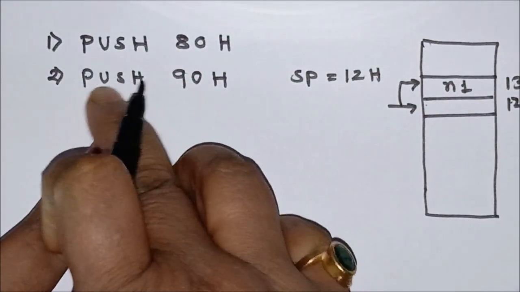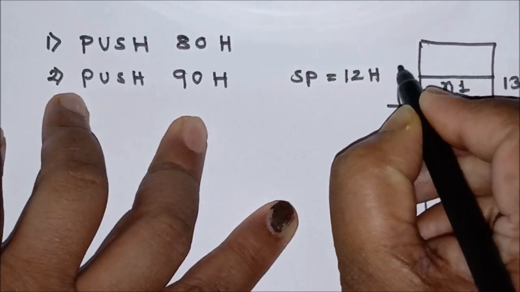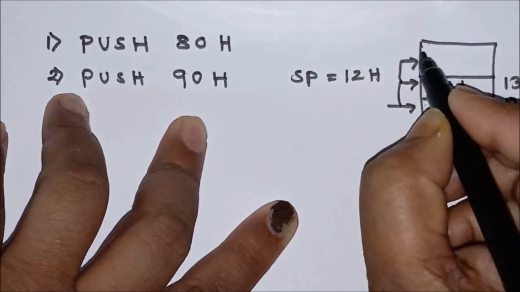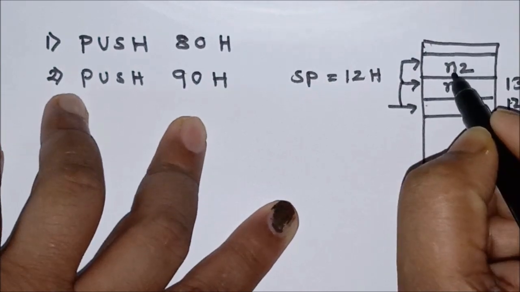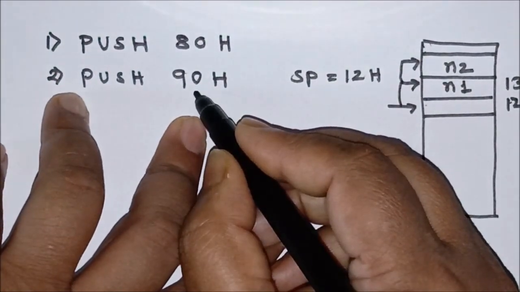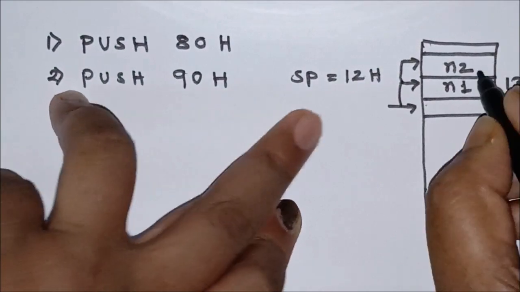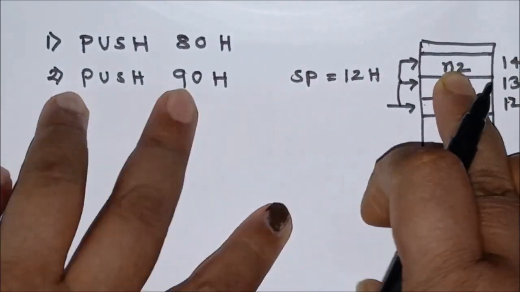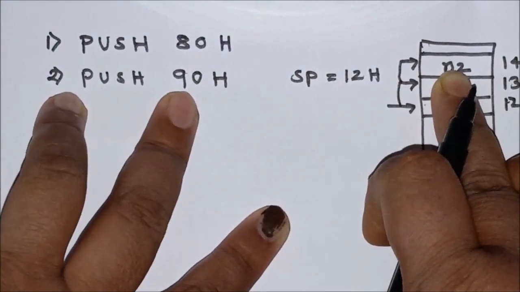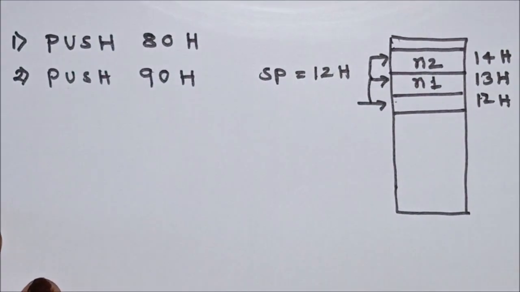Next time we are writing instruction push 90H. So again it will first increment this stack pointer, and then whatever data is stored, that is N2, at 90H address will be stored at this memory location. So at 14H, data of this 90H address will be stored. These steps will be carried out during execution of push instruction.